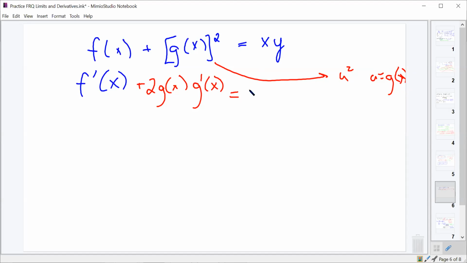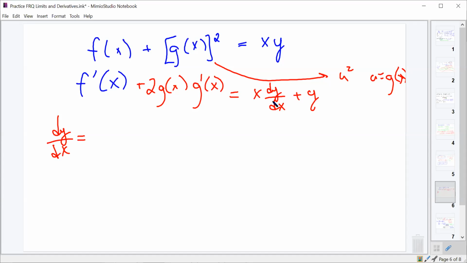And the xy we've done a bunch of times. We just did it earlier in one of the other problems. x dy/dx plus y. Good or no? Hopefully that's all right.